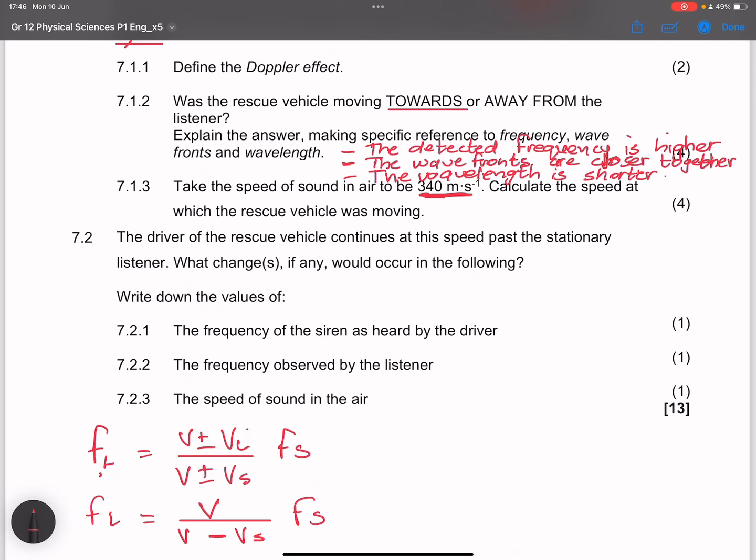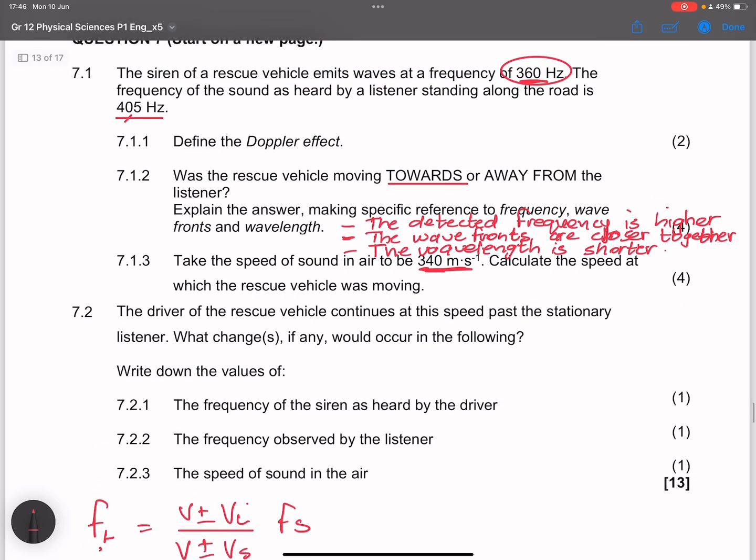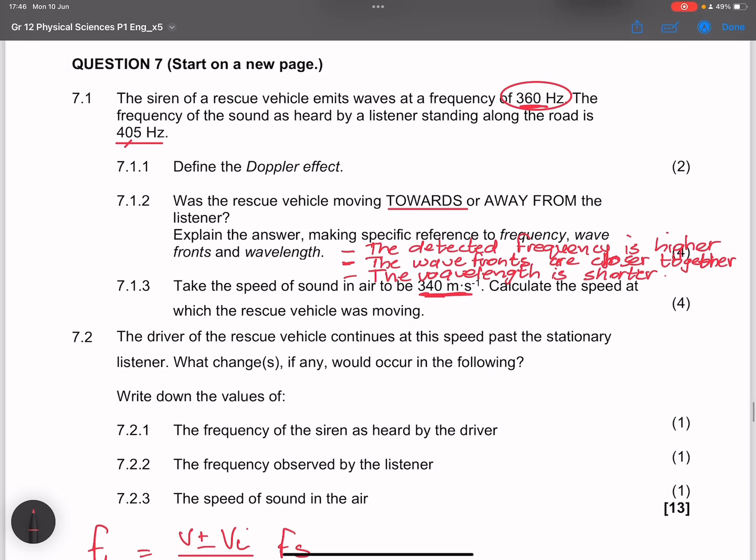They say write down the values of, firstly, the frequency of the siren as heard by the driver. Now remember, the driver is moving at the same speed as the vehicle, so he will hear exactly the same frequency as the emitted frequency, so that would be 360 hertz.